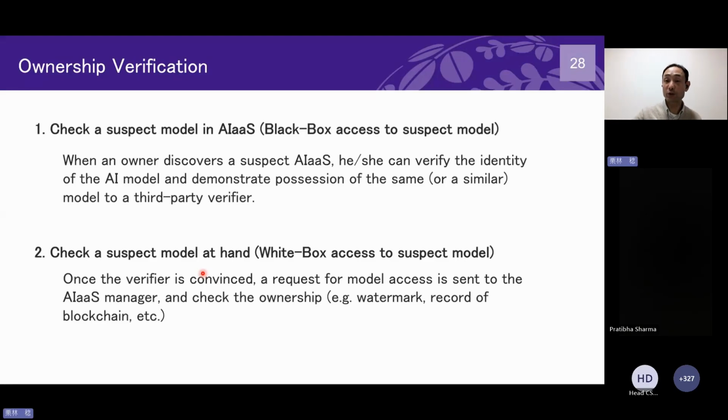The manager should submit the model deployed in the cloud server, and the third party will try to check the ownership by extracting the watermark or the record of the blockchain, for example. So there are some steps for checking the ownership verification.